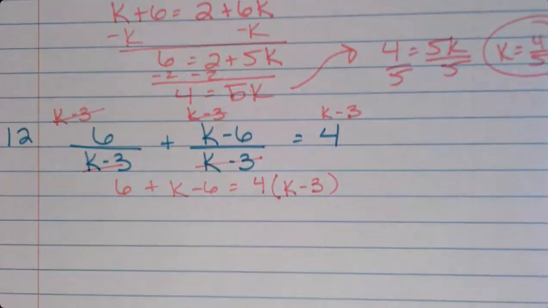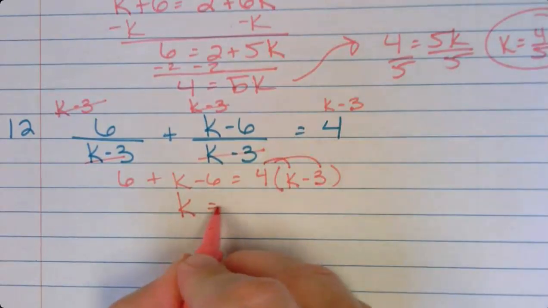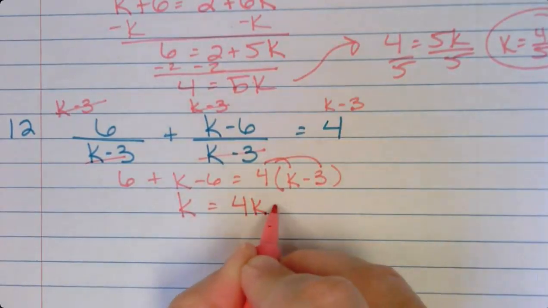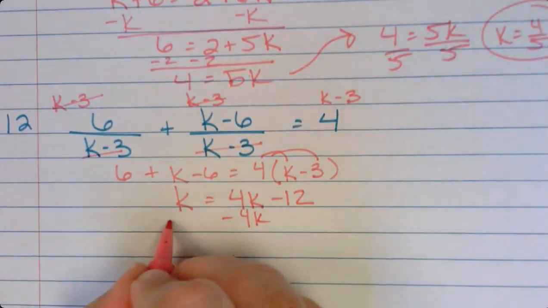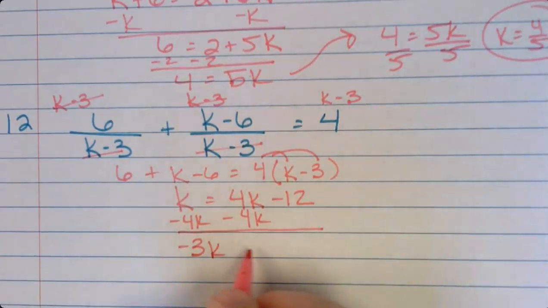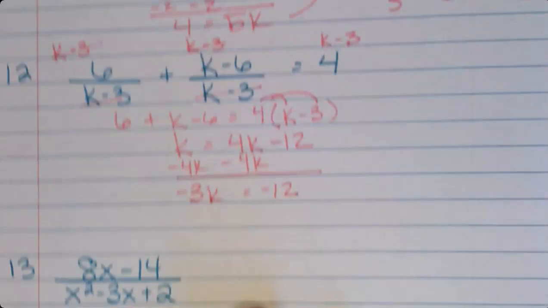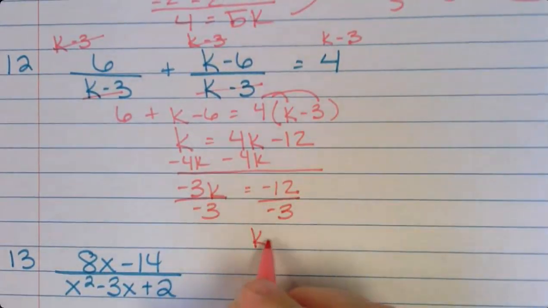This turns out lovely. The 6's cancel, so we're left with k. Distribute your 4, so 4k minus 12. Subtract 4k, and we get negative 3k equals negative 12. Divide by negative 3, and k equals 4.